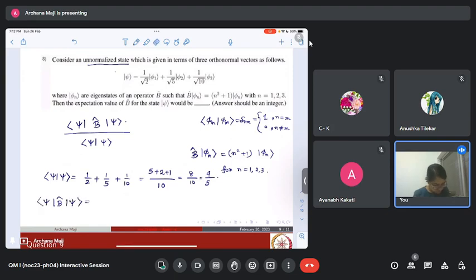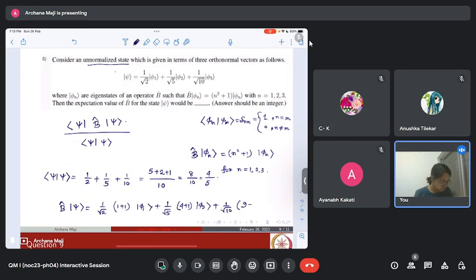Okay, let's do first B operating on the psi vector. It's 1 over square root 2, then n squared plus 1, that is 1 plus 1, phi 1, plus 1 over square root 5, n squared plus 1, 4 plus 1, phi 2, n squared plus 1, 9 plus 1, phi 3.